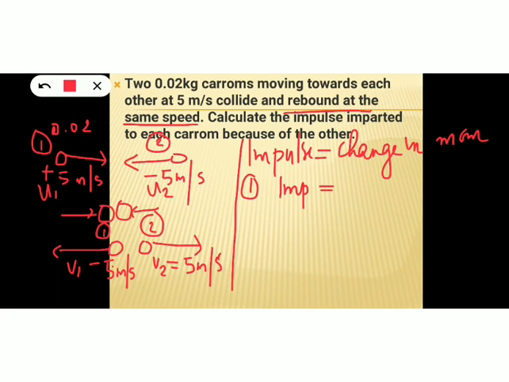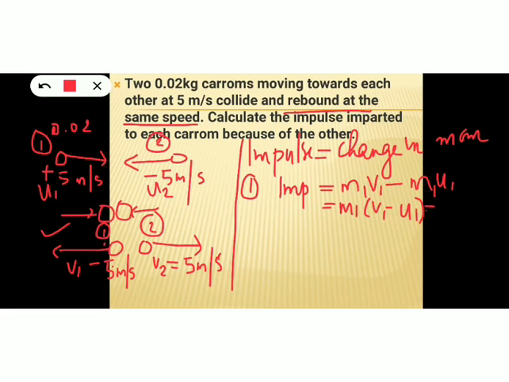The final momentum is m1 v1, minus the initial momentum of the first carom, m1 u1, equal to, since mass is the same, m1 into (v1 minus u1), isn't it?